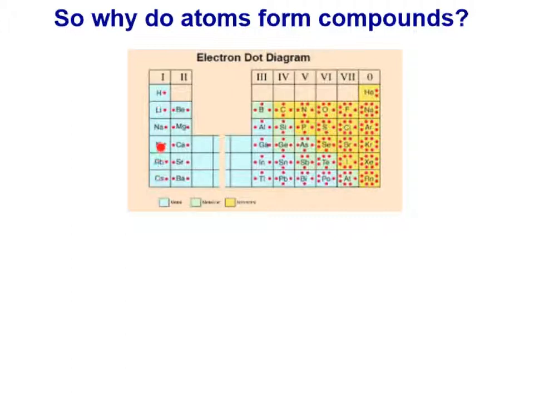The rest of these, lithium, sodium, potassium, rubidium, and cesium, they tend to lose that outer electron so that they can be more similar to one of these noble gases with the numbers of electrons that they have. And similarly, these elements oftentimes lose 2 electrons because they would really like to have the same number of outer shell electrons as these noble gases. It makes them very stable.